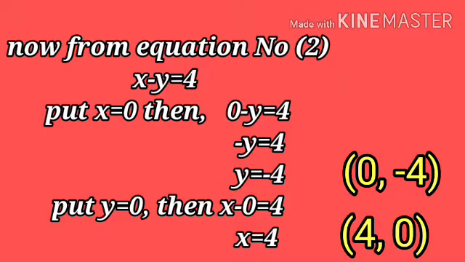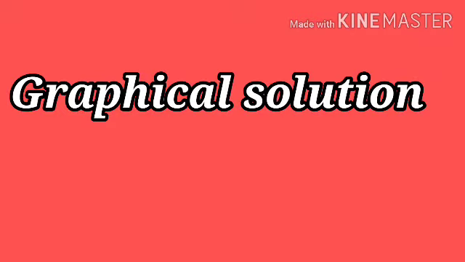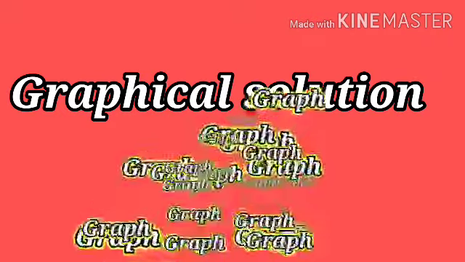So our second point is (4, 0), and we put this in table number 2. So this is the table of equation number 2: when x equal to 0 then y is equal to minus 4, and when x equal to 4 then y is equal to 0. Now we will draw the graph of these two equations.